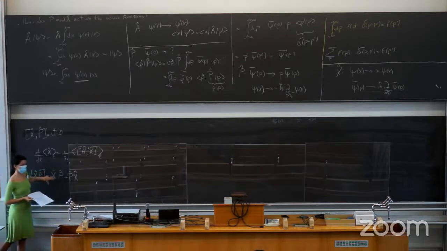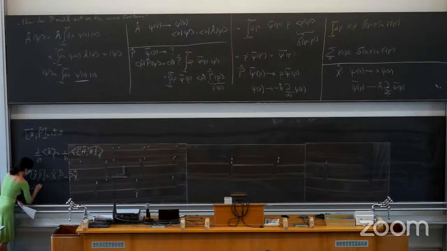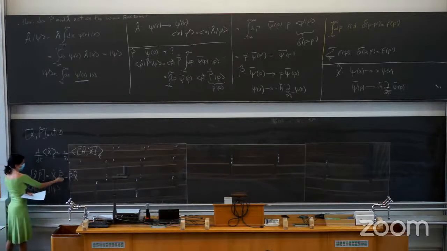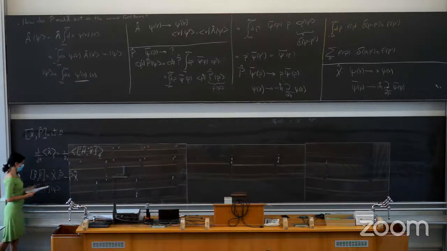So for any state, we're going to see how this acts on the wave function, and this tells us how these act on a given basis, which is already sufficient because it will be constant. Okay. So remember, this is a matrix.